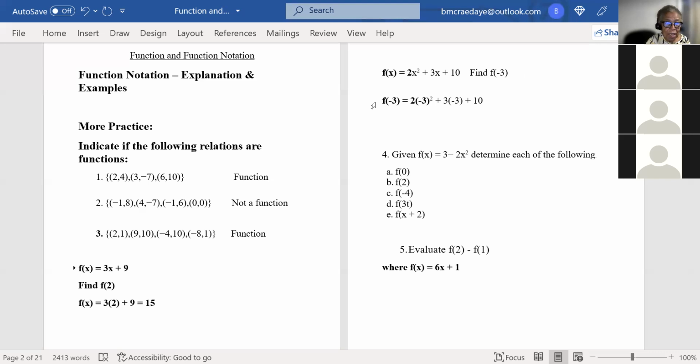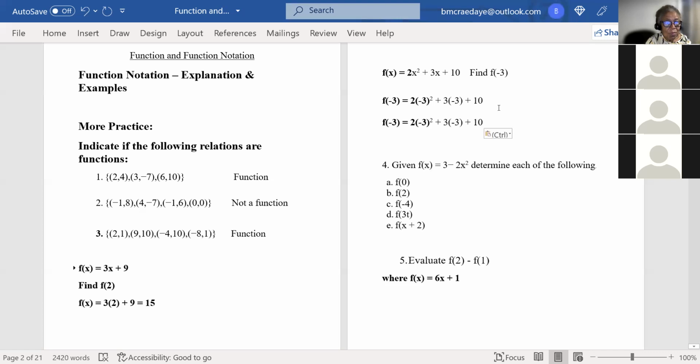What do you get for f of -3? Plus 10. Okay. So -3 times a -3 is what? -3 multiplied by -3 gives you what?